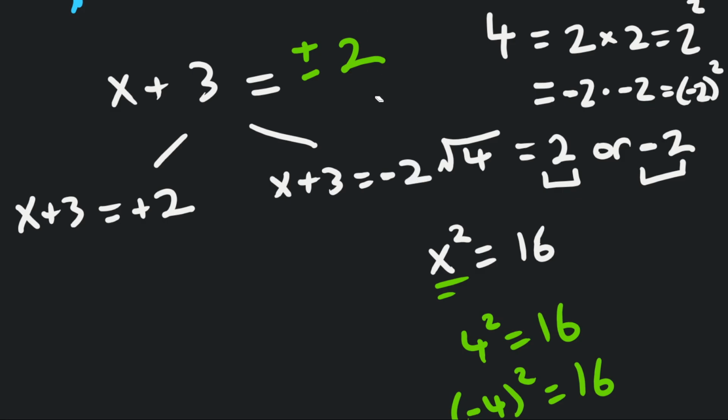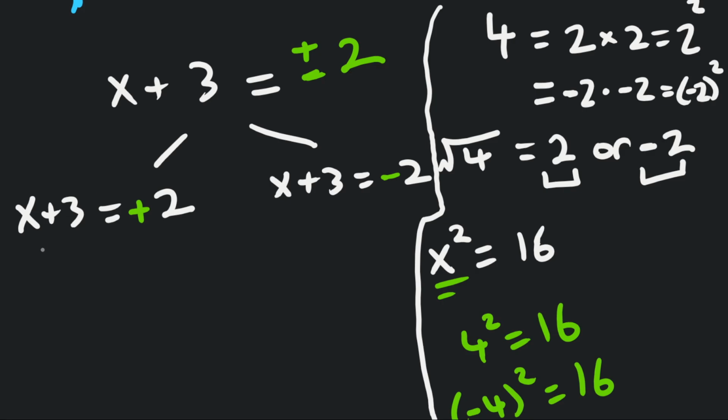So let me just make that part green. That's essentially what the plus minus symbol does. It can either be positive or it can be negative. Let me actually just put a divider right here so it doesn't get confusing.